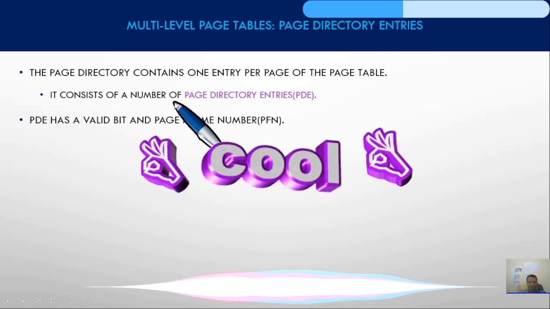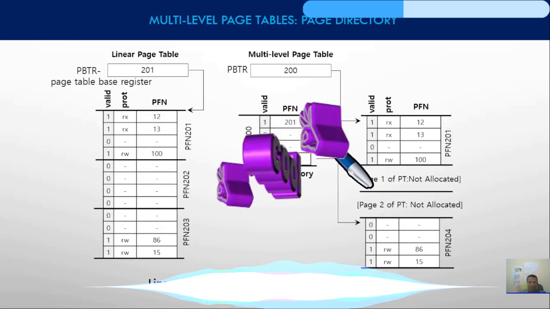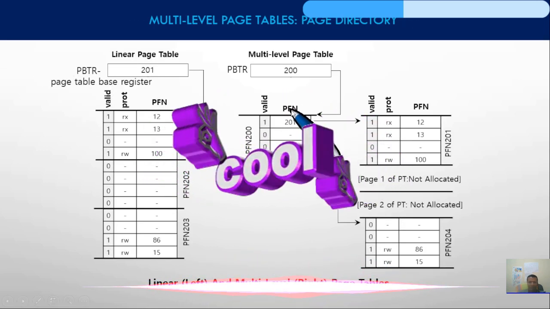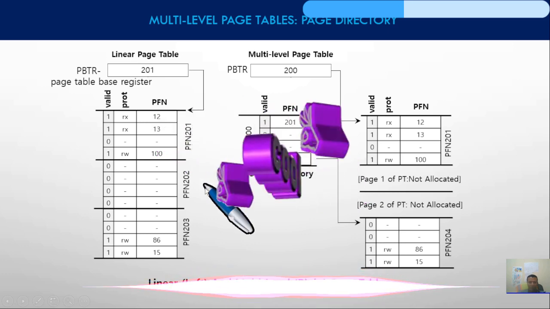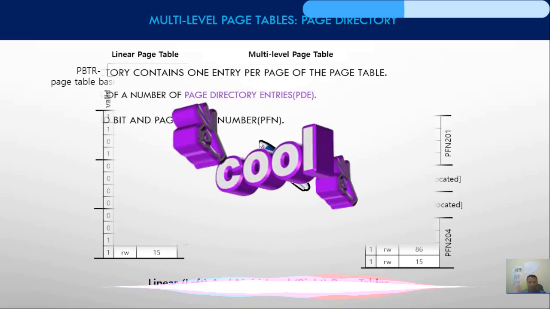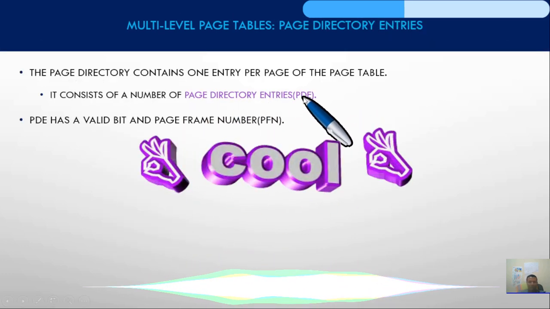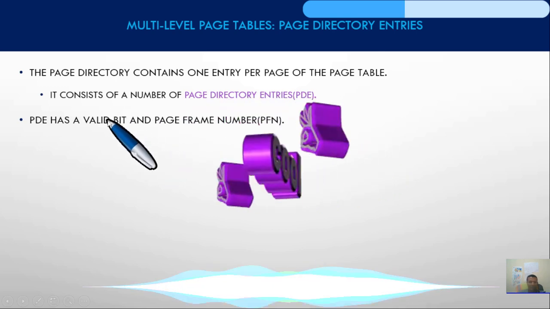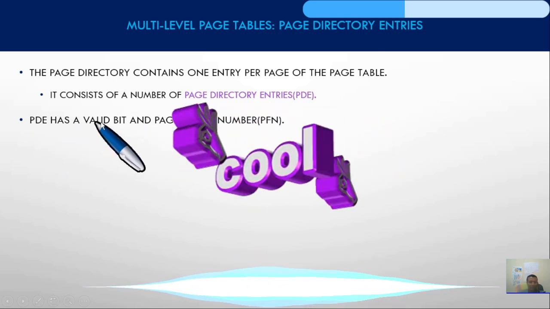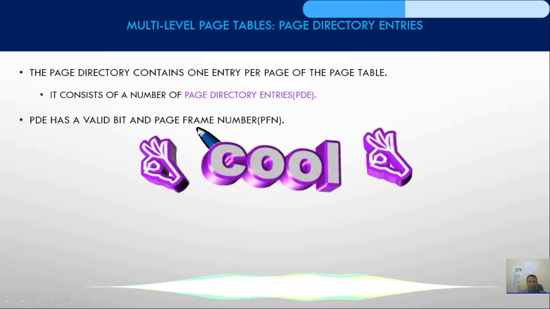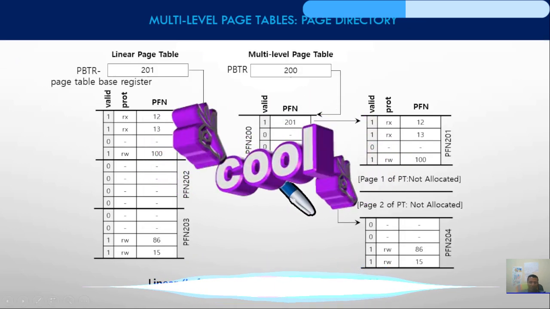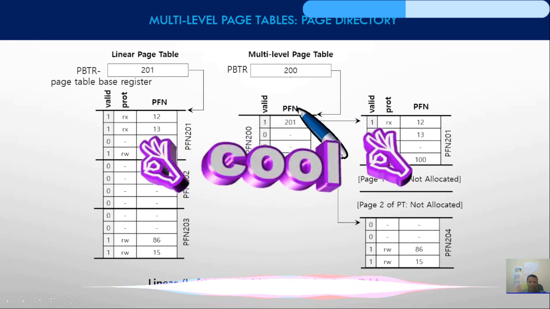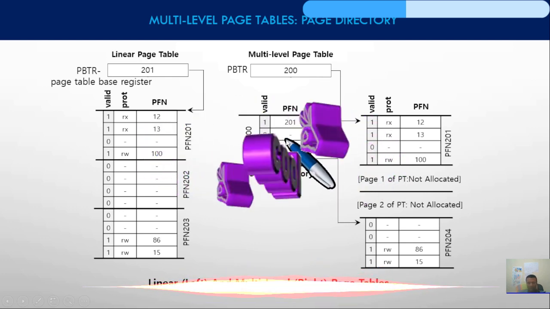Each PDE has a valid bit and a page frame number. As you can see, we have the valid bit and page frame number.